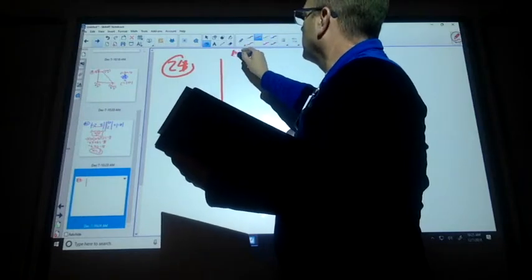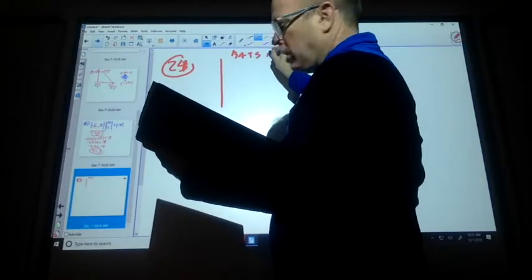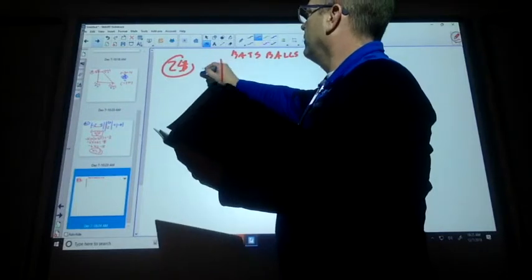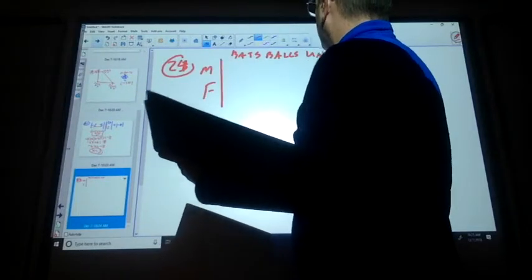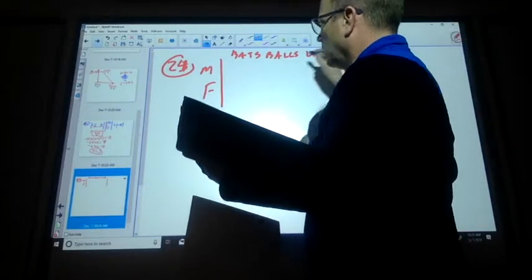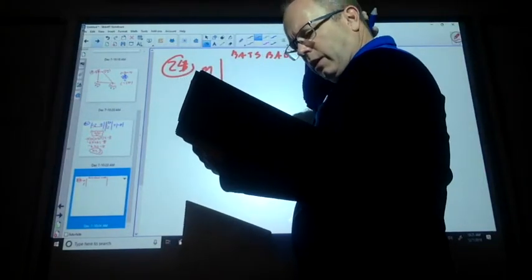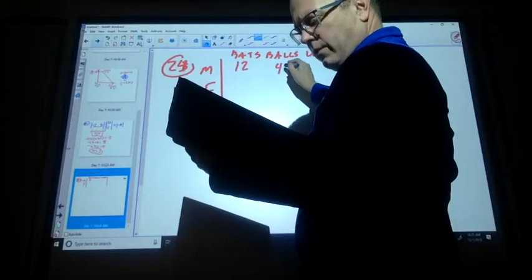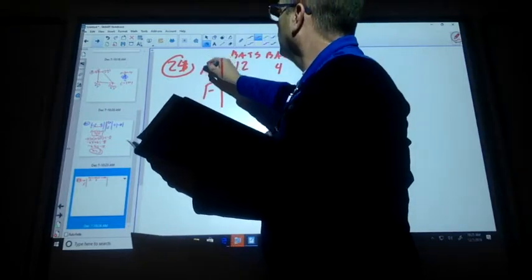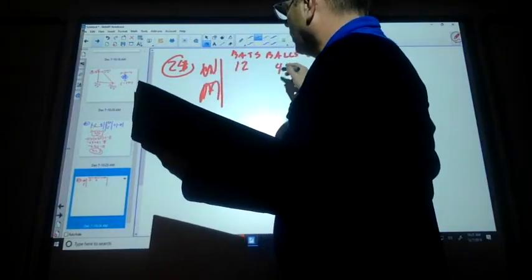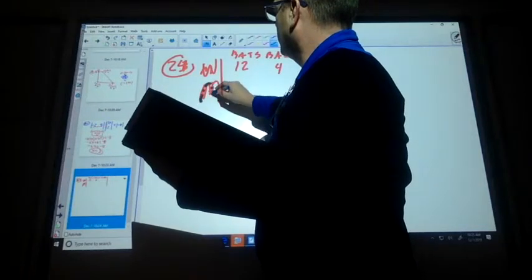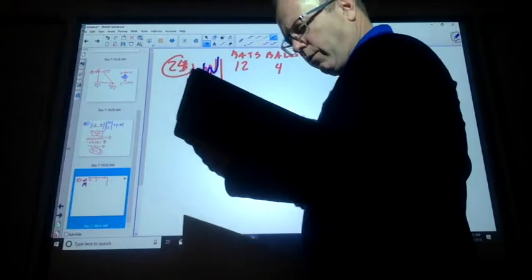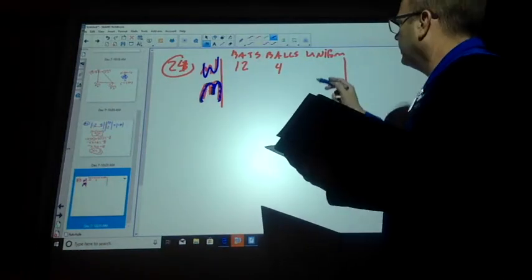So we have bats, balls, uniforms, and you have males and females, right? So this looks like we need 12 bats, 45 balls, and 15 uniforms for the women.